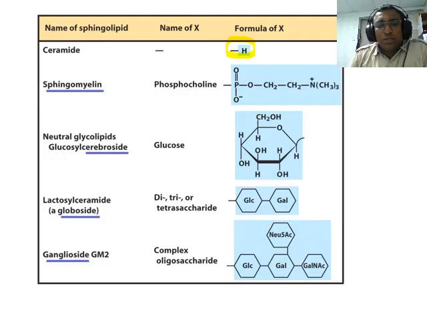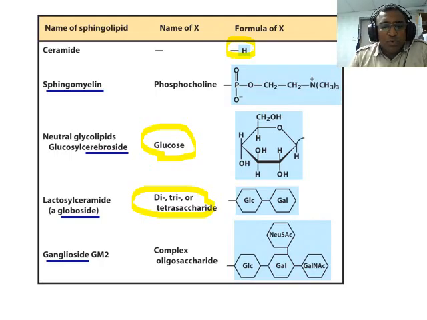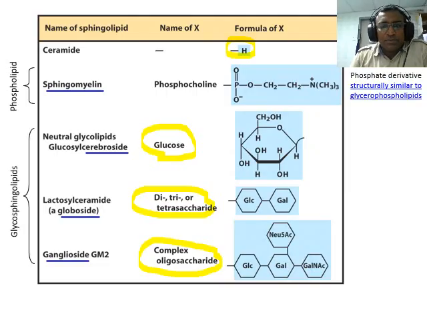And if it's sugar, doesn't matter if it's a single monosaccharide or a few monosaccharides, then it will be also referred as a sphingolipid. It also can have more complex oligosaccharide, as you can see here, made up of monosaccharide and also modified sugar. These are all the name of the groups.